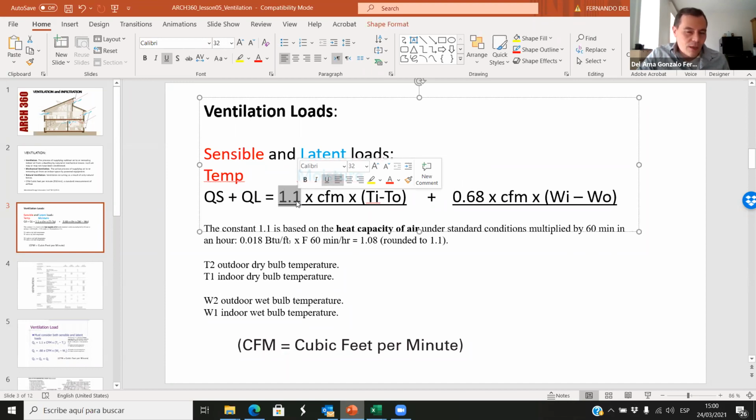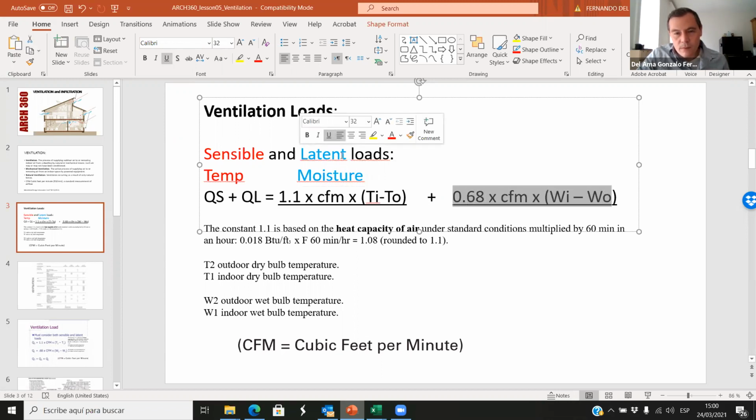If you're working with international units, you will use one constant. If you're using imperial units, you're using another one. But they all have this CFM, and this is the amount of air that we have to supply and remove. And we have this expression for sensible, and we have this expression for the latent loads.